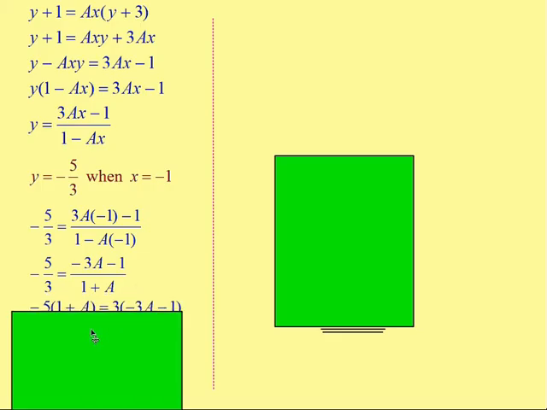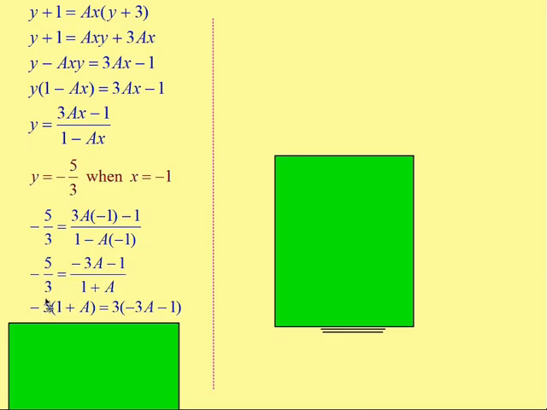After that, I need to find the value of a, so we need to get a on its own. So cross multiply here: multiply both sides by 1 plus a, and multiply both sides by 3. That will give us negative 5 times 1 plus a equals negative 3a take away 1 times the 3.